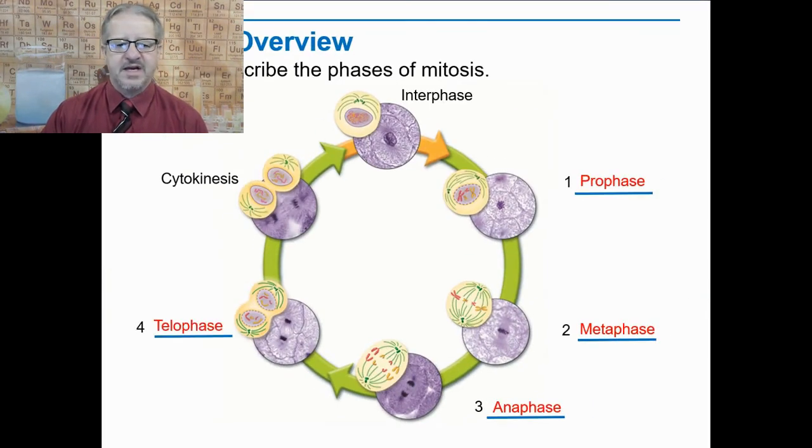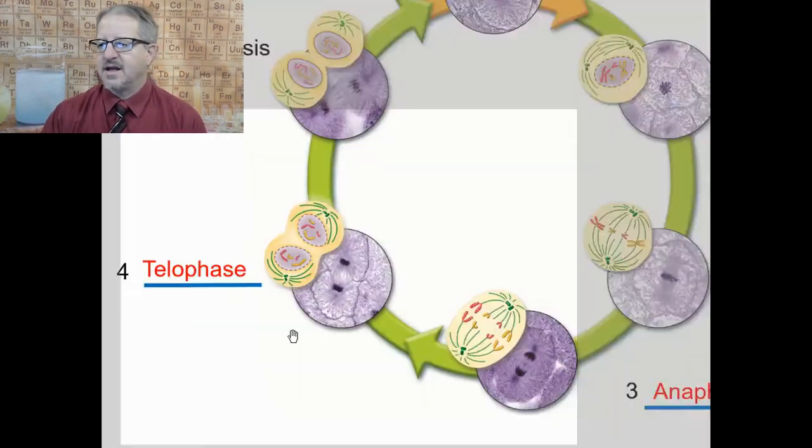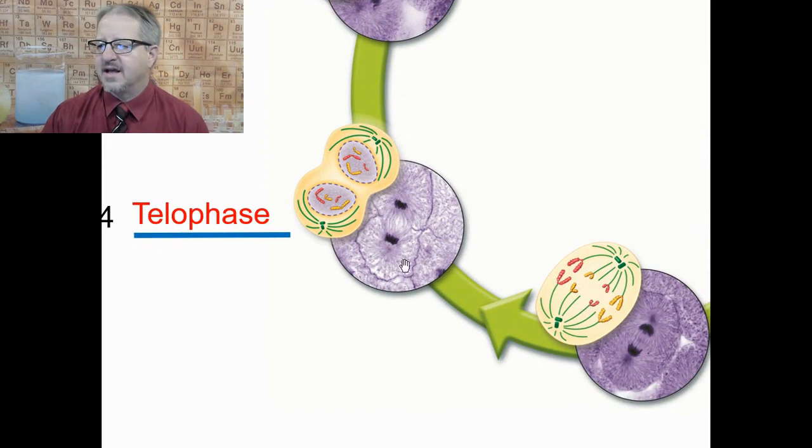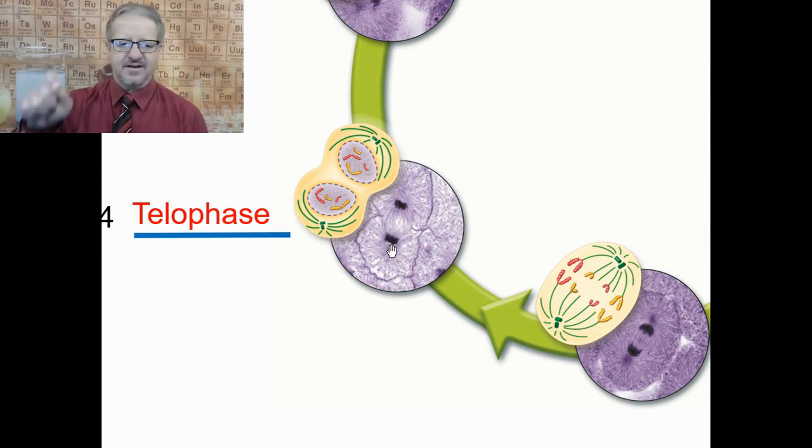Which brings us to telophase. And let's have a zoom in here on telophase. And as you can see, now the nuclear envelope is beginning to form, and it's beginning to pinch in just a little bit. Can't really see the nuclear envelope forming, but you can see that the cell's beginning to get that 8 shape.